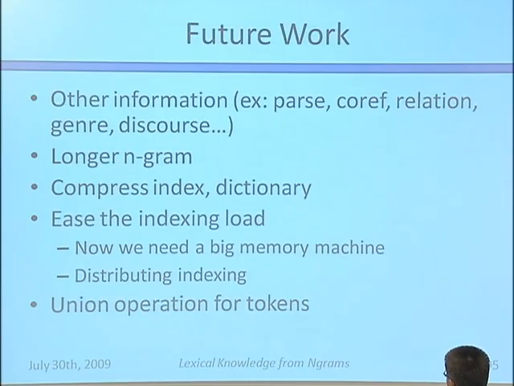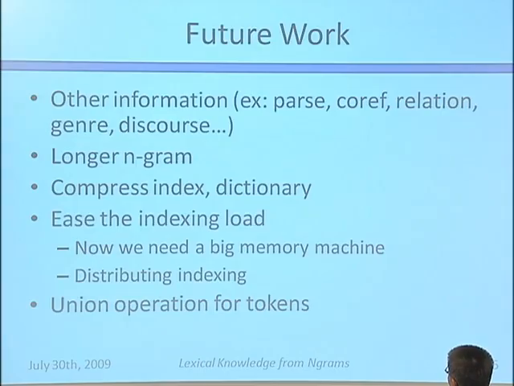Okay, and we have some ideas about compressing the index or dictionary. And actually creating the index is very hard right now. It takes about 3 days with a 96 gigabyte machine.